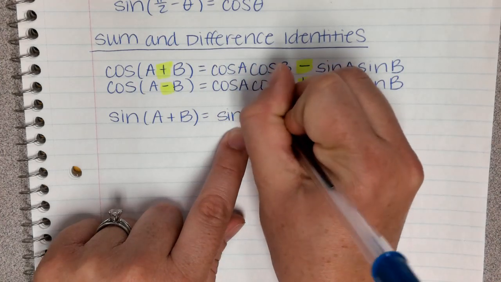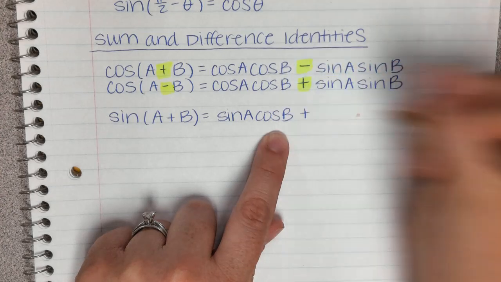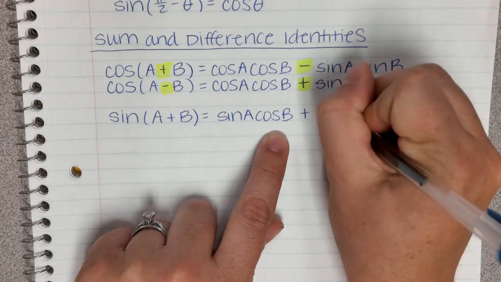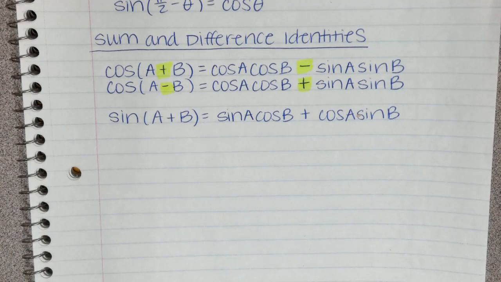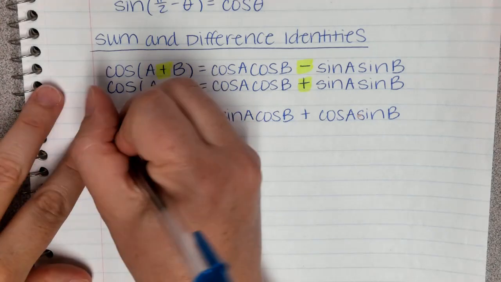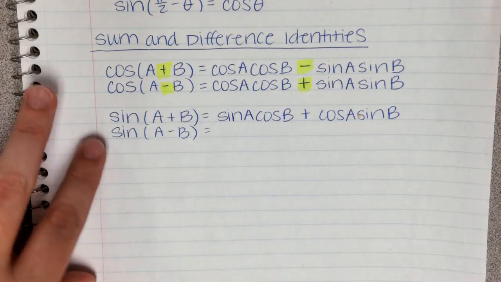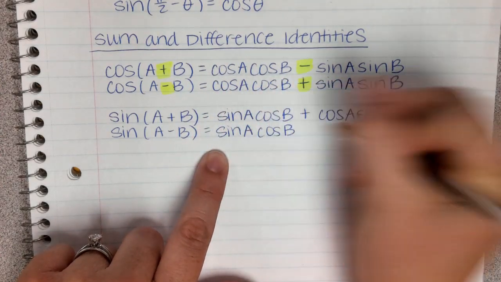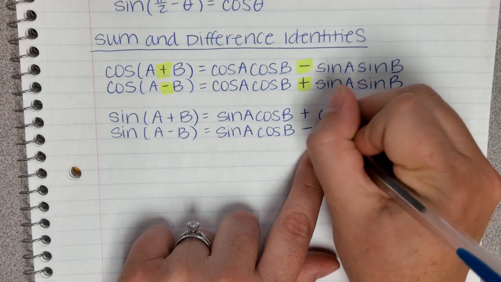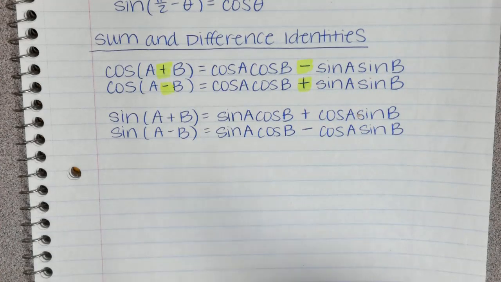It's going to be the sine of A times the cosine of B plus the cosine of A times the sine of B. Again, copy that down carefully. And then the sine difference formula, again, looks very similar. Sine A, cosine B. This time it's a minus cosine A, sine B. So have all four of those copied down.